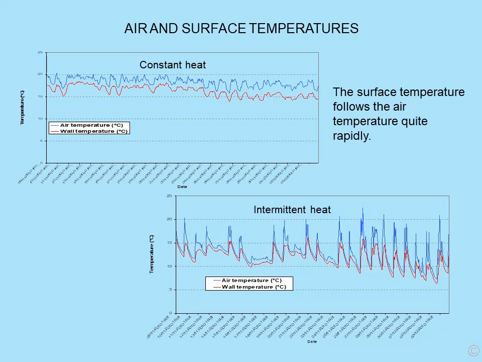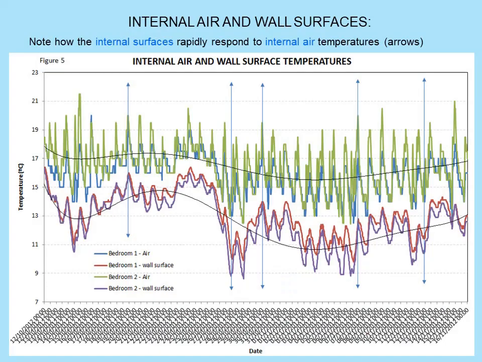However, look at the bottom diagram, and this even shows it where we're using intermittent heat. The change in surface temperature is quite rapid in relation to the air temperature. And this is shown up in a real-world example. Here we have internal surfaces and internal air temperatures. They're the top two lines.